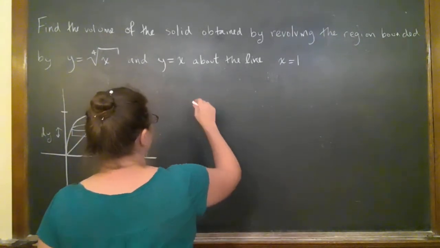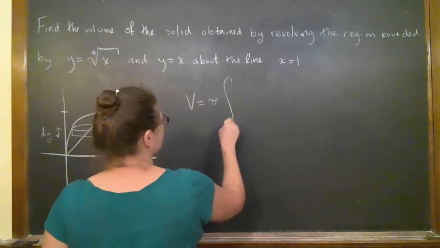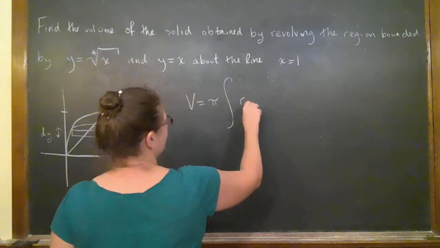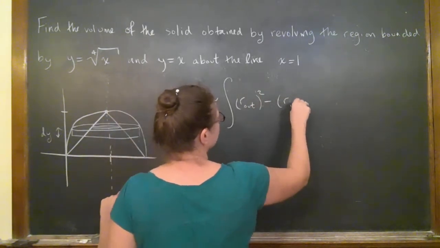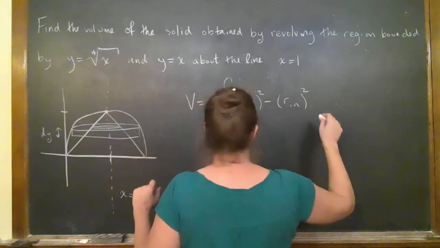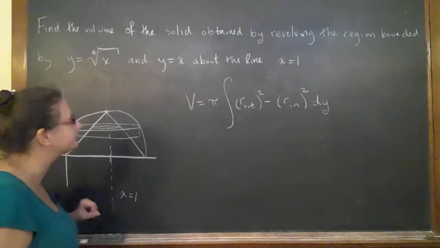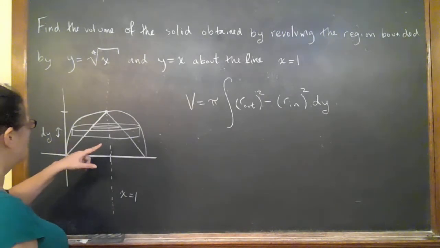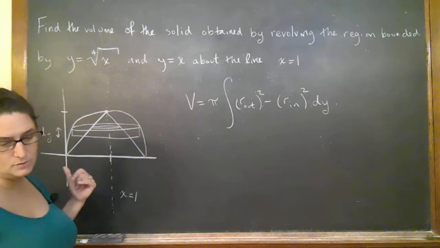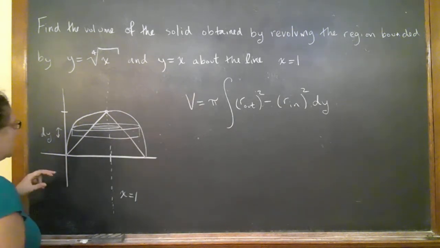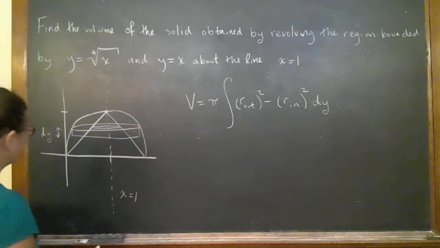So what we have is that the volume is pi times the integral of the outer radius squared minus the inner radius squared, and thickness is in the y direction, so we've got dy. So then what? Well, we have to figure out what the outer radius and the inner radius are.